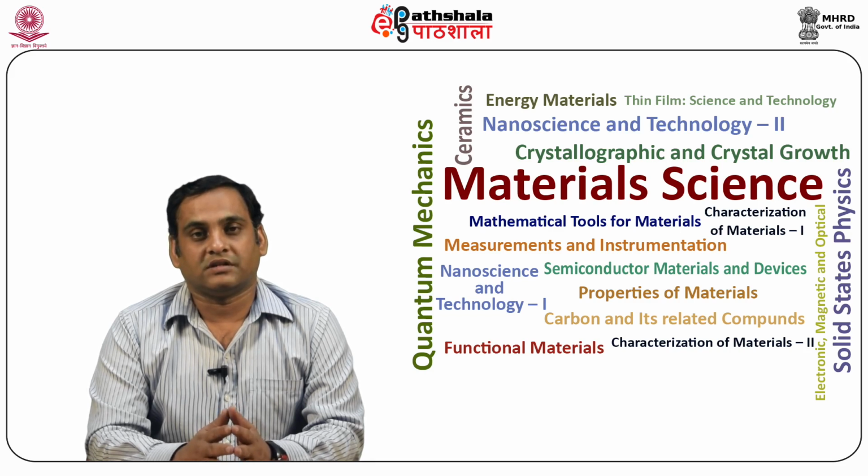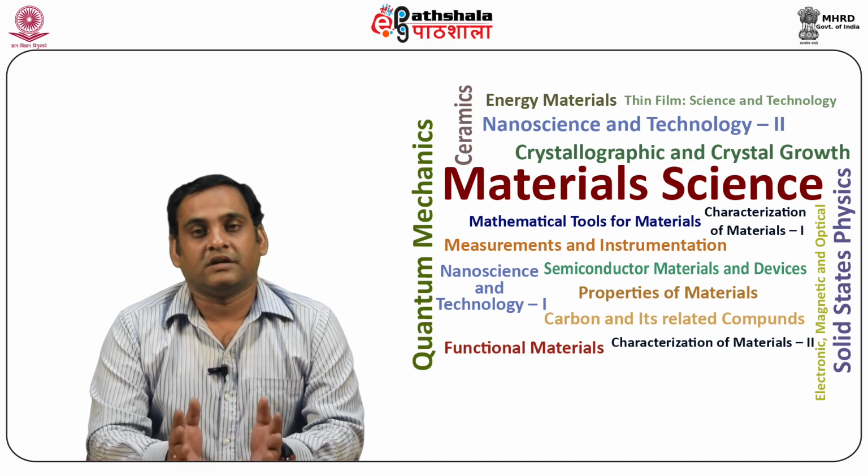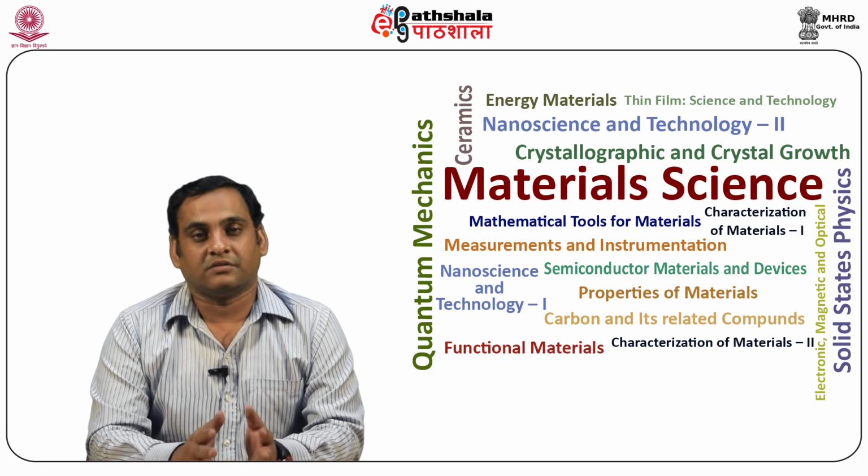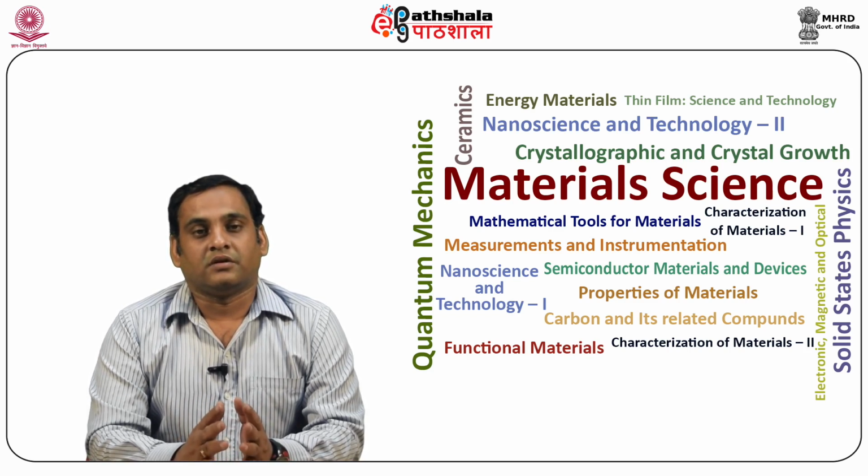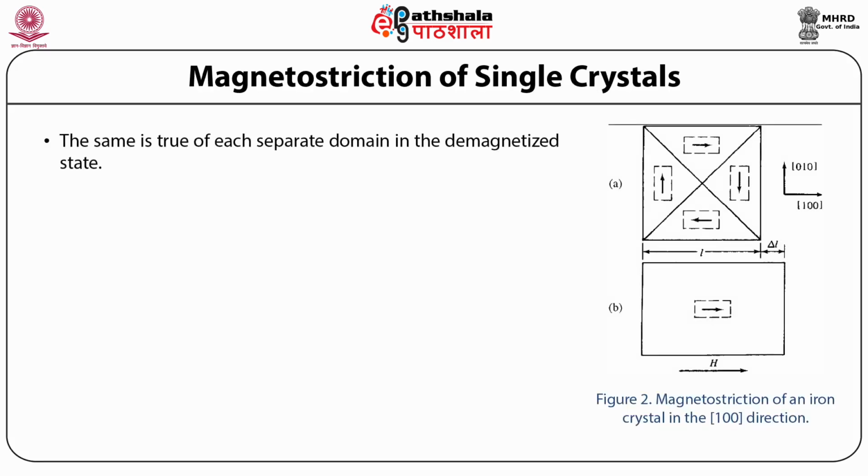If the saturated crystal is longer in the direction of its magnetization than the demagnetized crystal, then this single domain which comprises the saturated crystal must be made up of unit cells which are slightly elongated in the direction of the magnetization vector. The same is true of each separate domain in the demagnetized state.